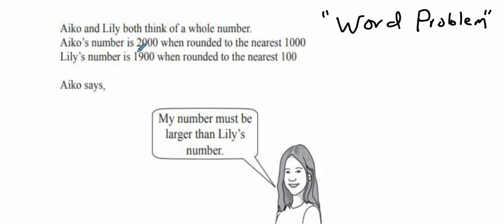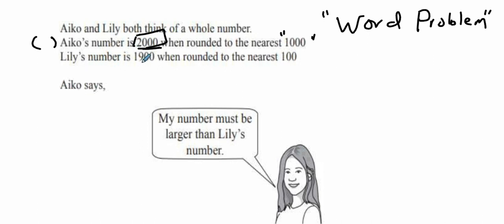Aiko's number is 2,000 when rounded to the nearest 1,000. So when rounded to the nearest 1,000, the number becomes 2,000.